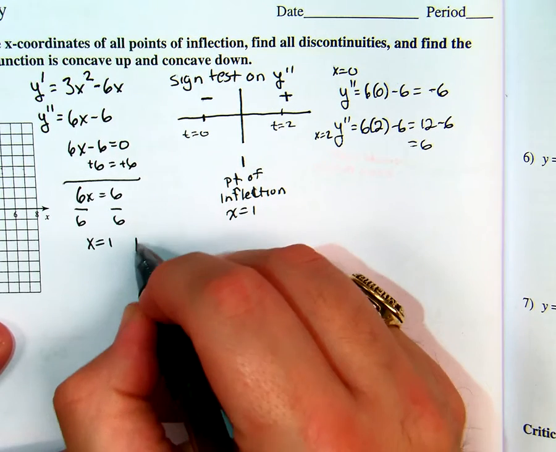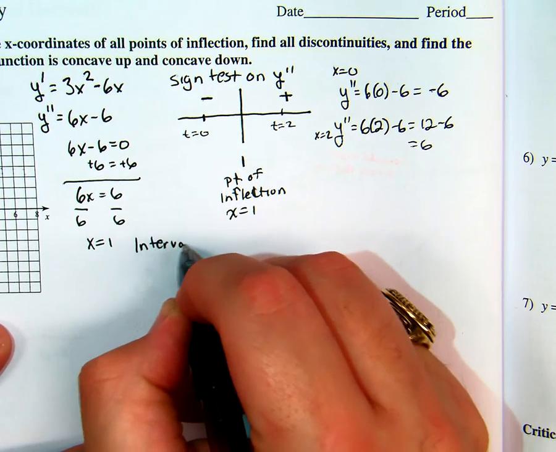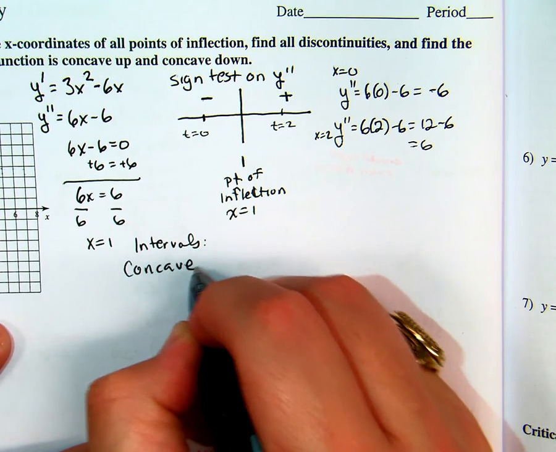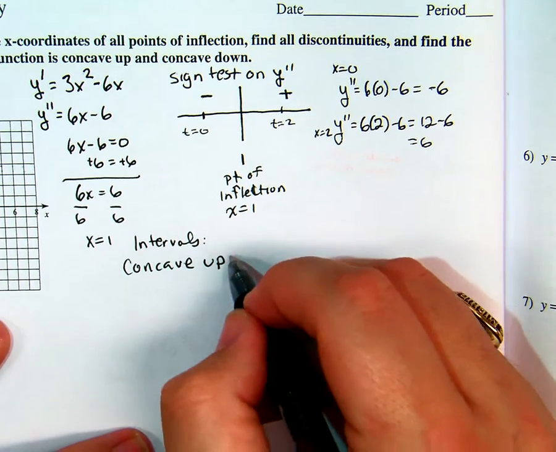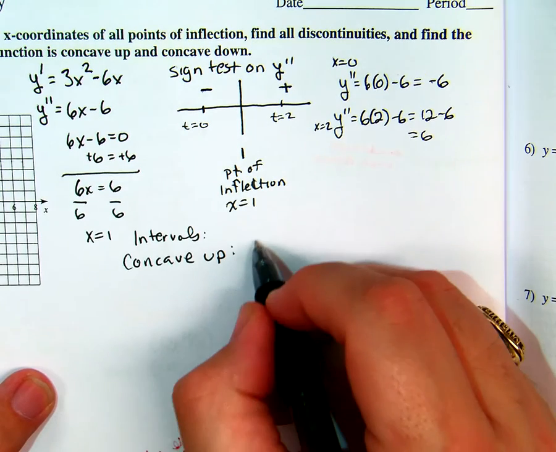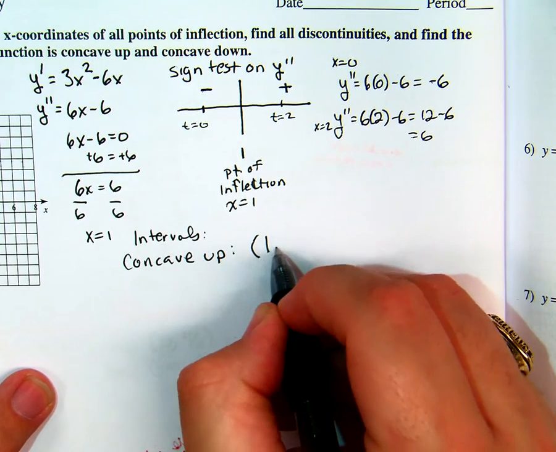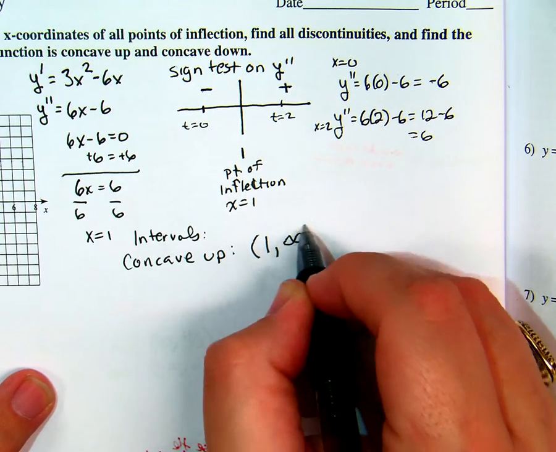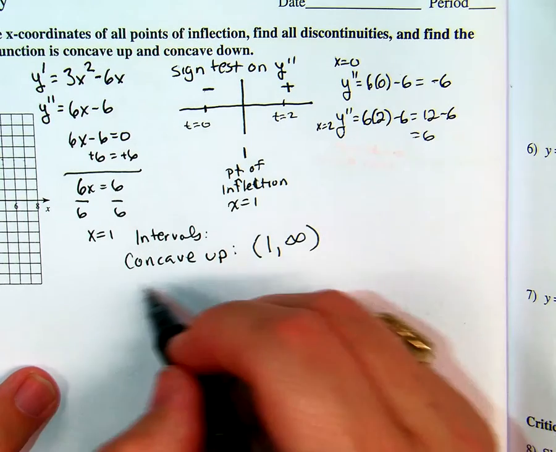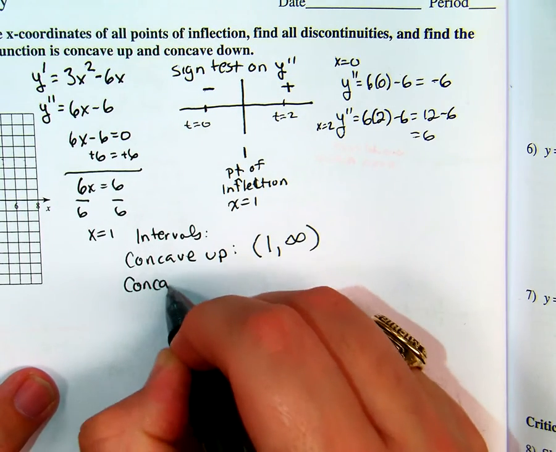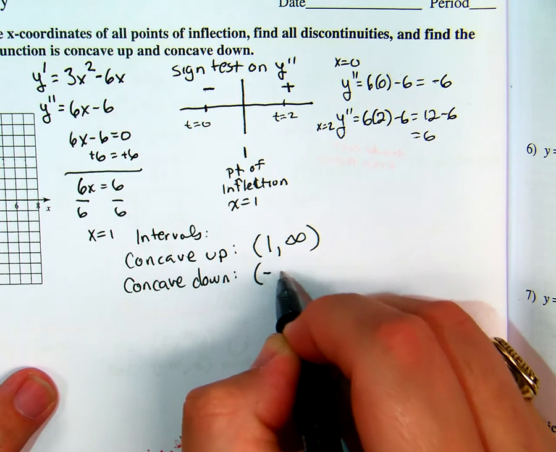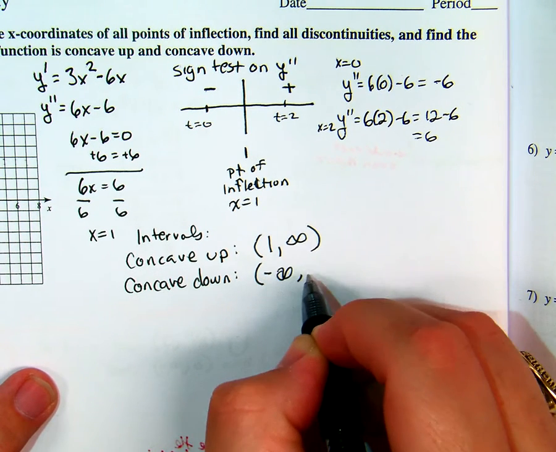So my intervals were concave up where? 1 to infinity. We're concave down negative infinity to 1.